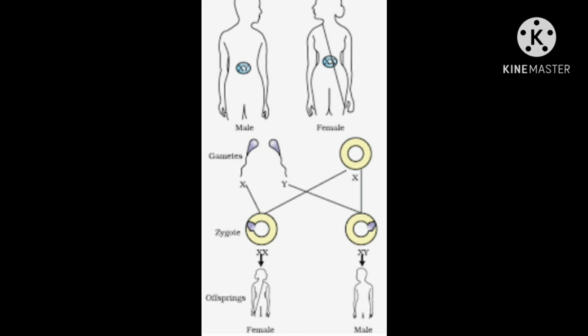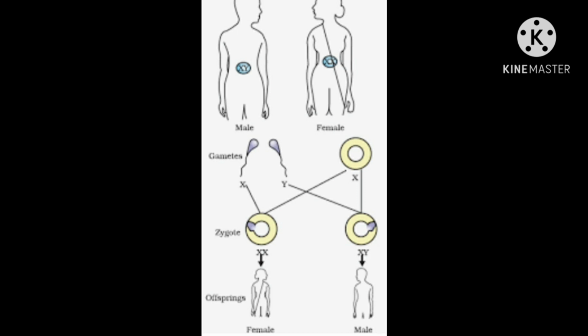All children will inherit an X chromosome from their mother regardless of whether they are boys or girls. Thus, the sex of the children will be determined by what they have inherited from their father.